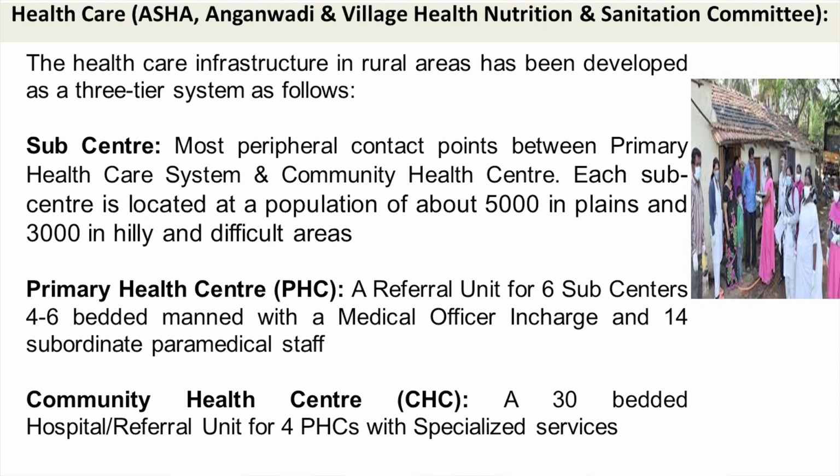So, sub-centers act as a peripheral contact point between the villagers on one side and the primary health center on the other side. Now, a primary health center is a center which monitors 6 sub-centers, or you can say that 6 sub-centers report to the primary health center.